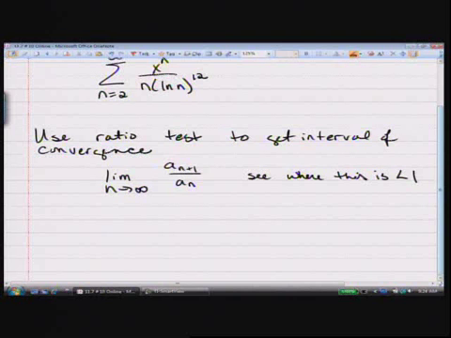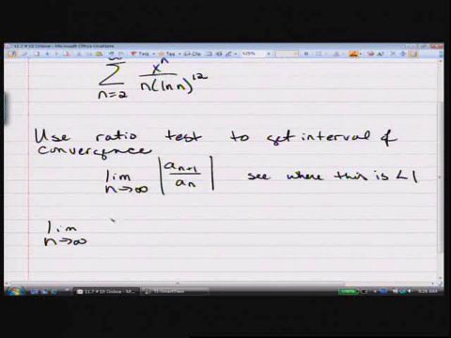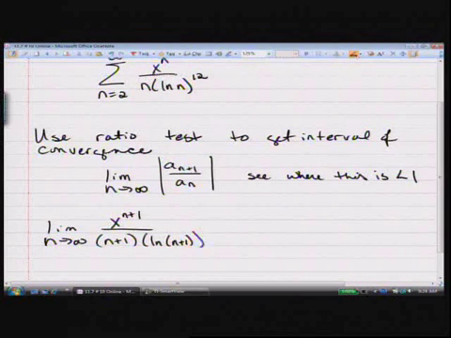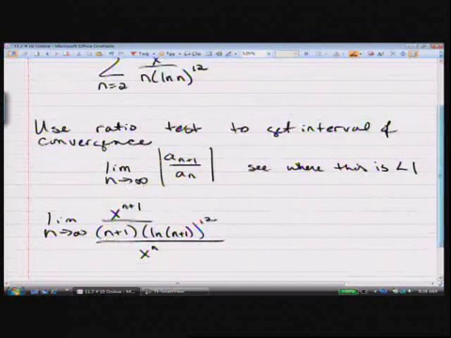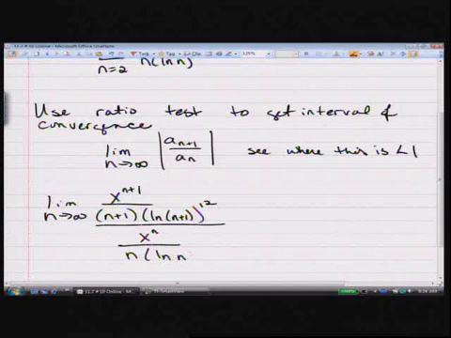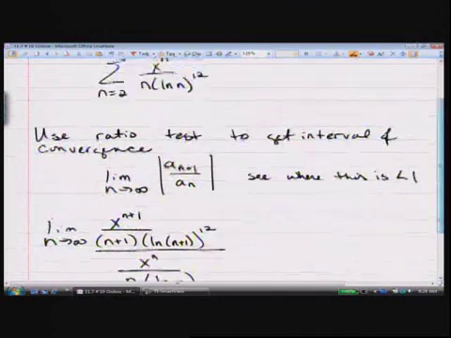Okay, so we'll look at the limit as n goes to infinity, you do the absolute value, of x to the n plus 1 over n plus 1 times the ln of n plus 1 to the 12th, all over x to the n over n times the ln of n to the 12th.